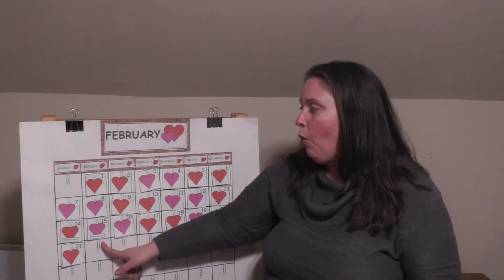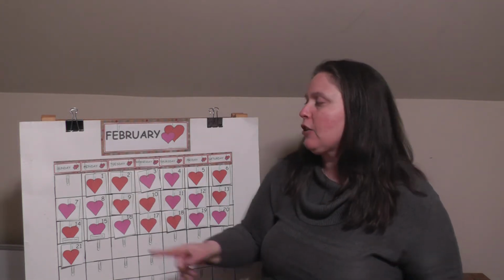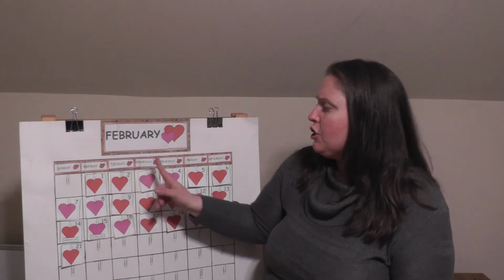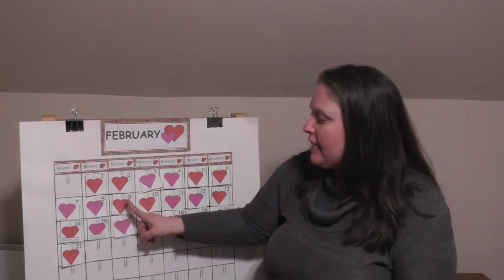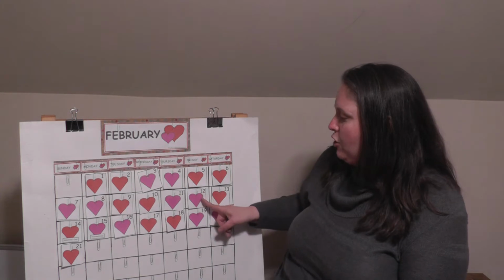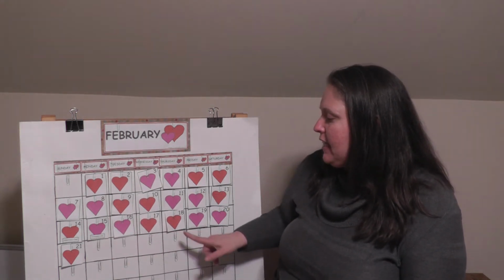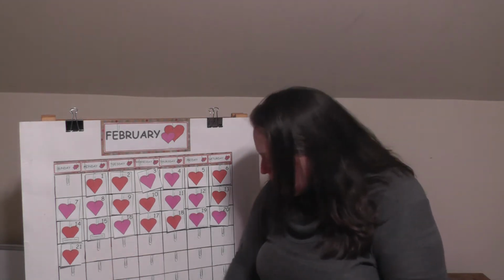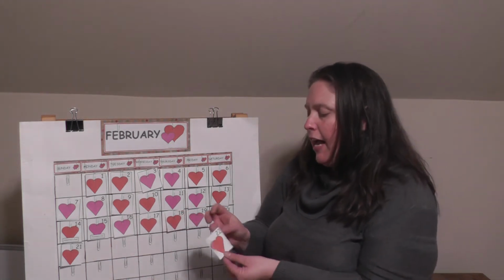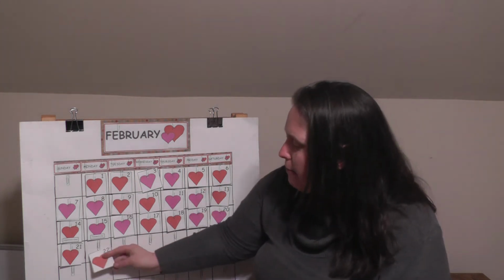So you're going to count together with your preschool child. 1, 2, 3, 4, 5, 6, 7, 8, 9, 10, 11, 12, 13, 14, 15, 16, 17, 18, 19, 20, 21, 22. That's going to be a 22. Oh, look here. I have a red heart and a 22. 2, 2. Do you see that?